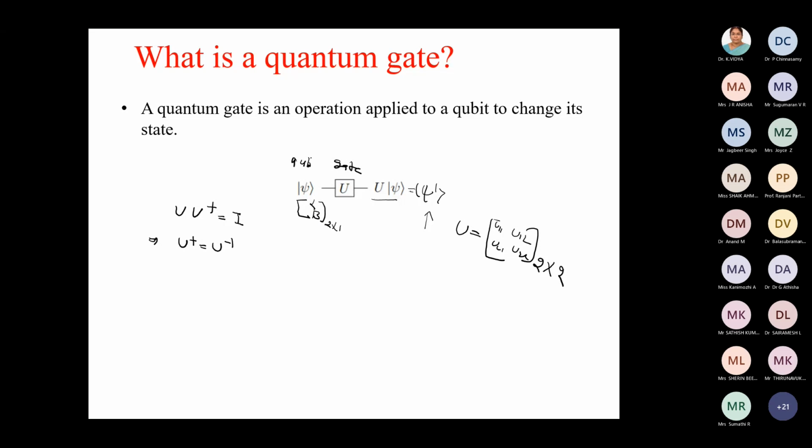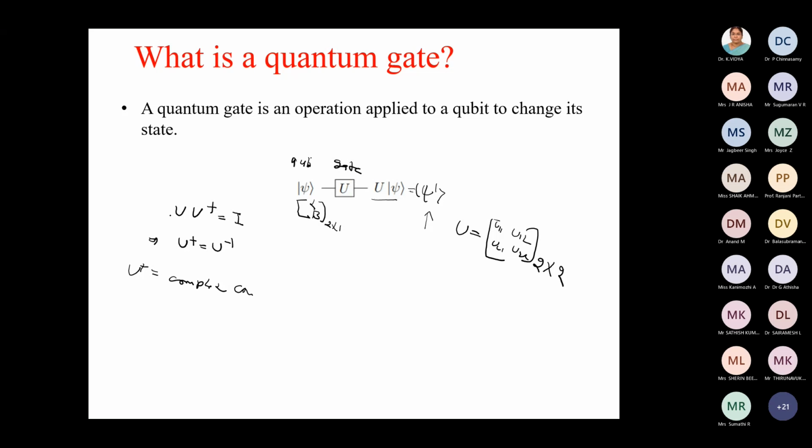What I'm telling is that this matrix or gate operation should be reversible, and the condition is that U dagger U should be identity. U dagger is U inverse, and U dagger is just the complex conjugate of U, so it's the transpose conjugate. Don't worry about this detail.